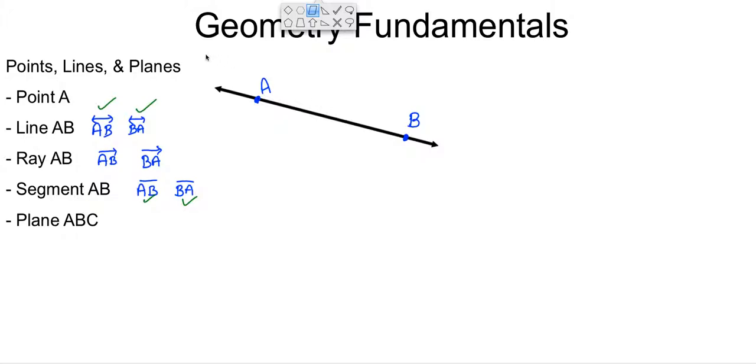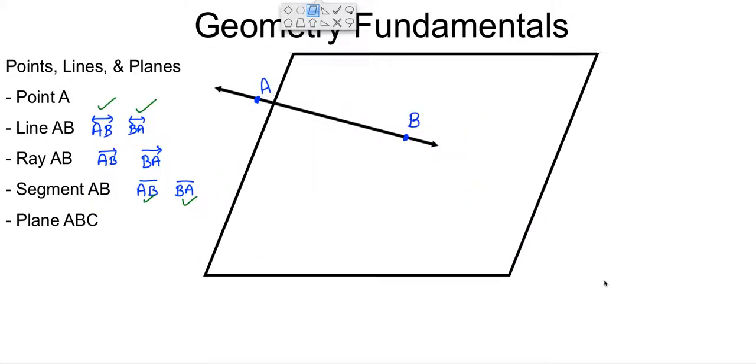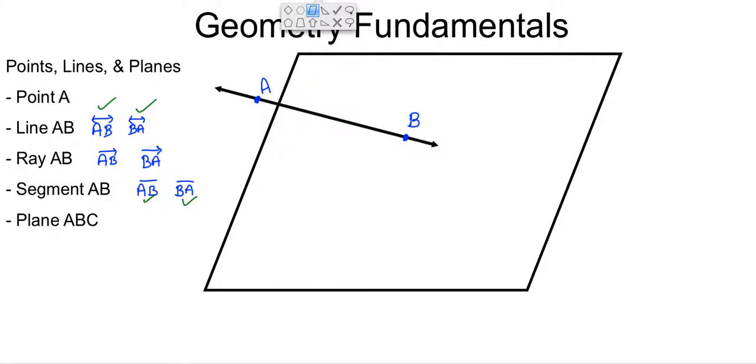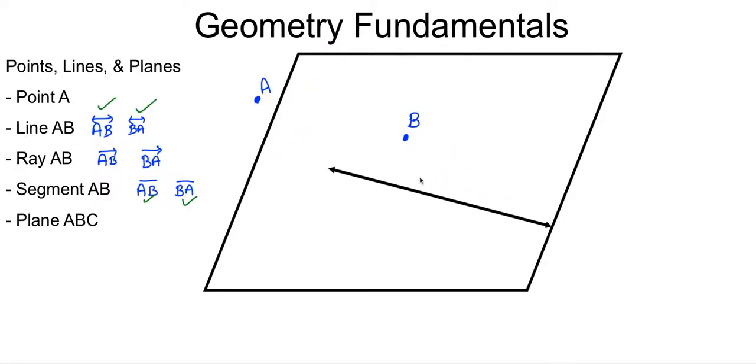So we'll draw something like this for our plane. And if we want to have plane AB, we're going to move these points here onto the actual plane. There we go. And so now line AB is on this plane, but because a plane is two-dimensional, we actually need a third non-collinear point in order to name it.